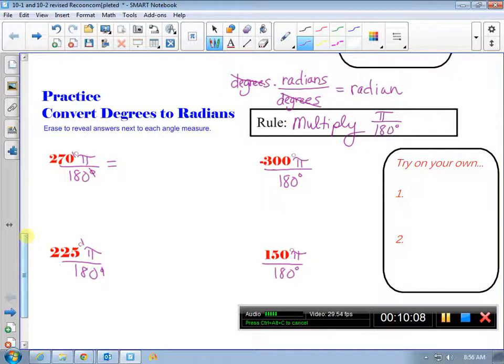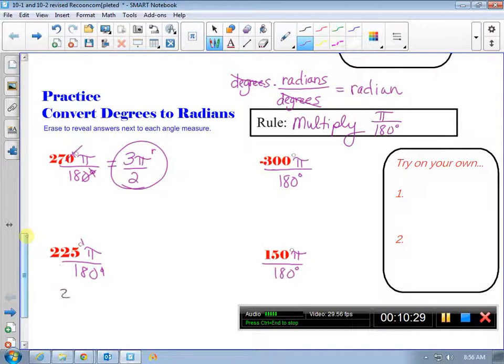So 270 over 180 reduces, divide by 9 on top and on the bottom, 3 pi over 2 radians. Moving down, 225 pi over 180.